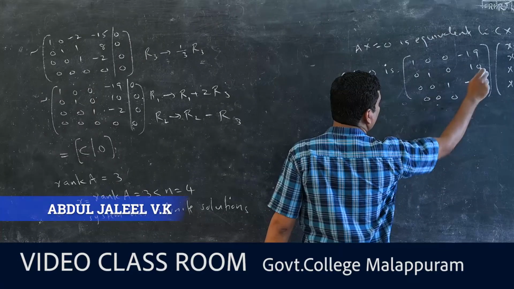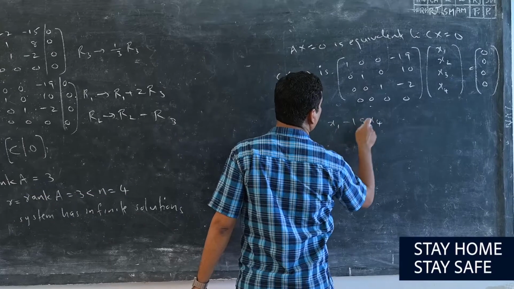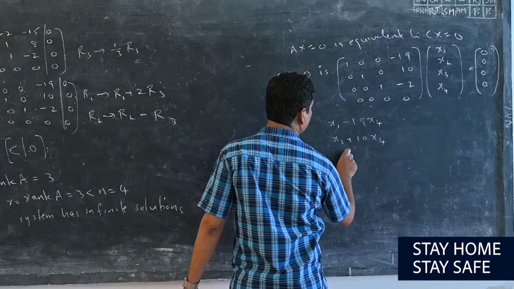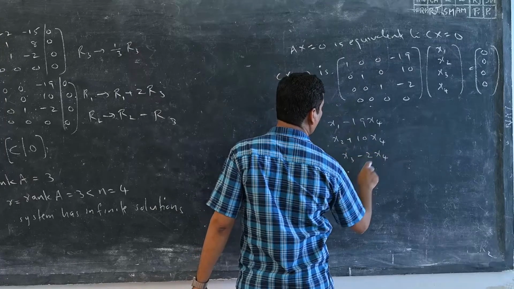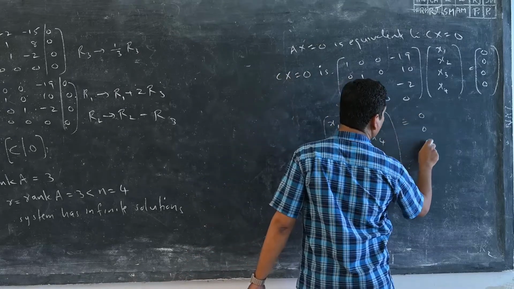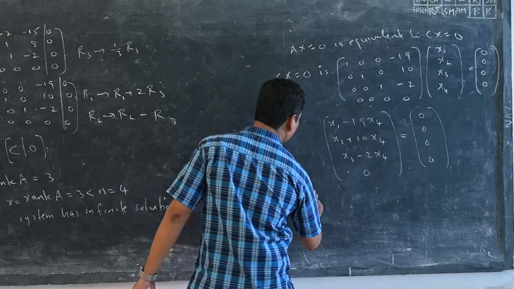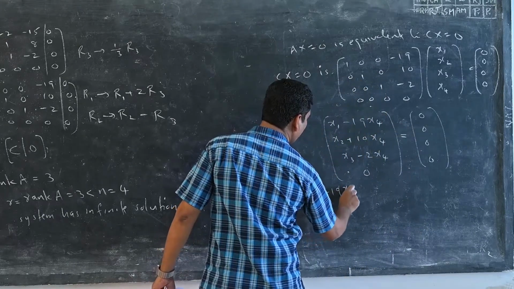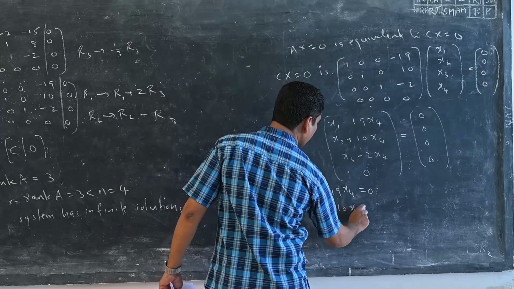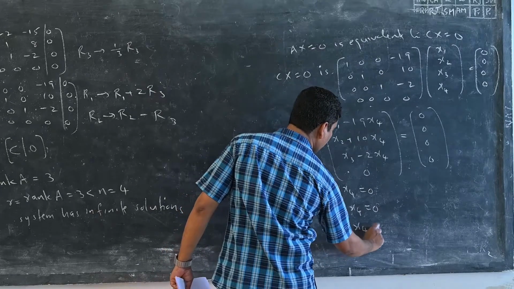So multiply these two matrices. x1 minus 19 x4, x2 plus 10 x4, x3 minus 2 x4, 0. This is equal to 0, 0, 0, 0. So x1 minus 19 x4 is equal to 0. x2 plus 10 x4 is equal to 0. x3 minus 2 x4 is equal to 0.